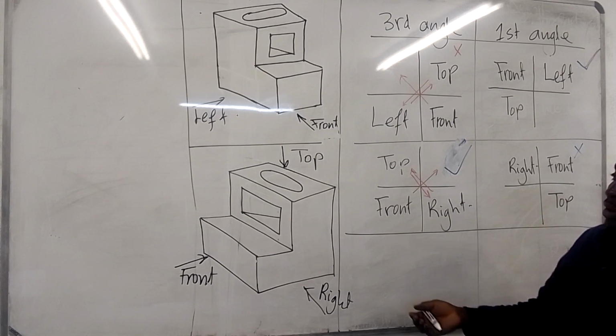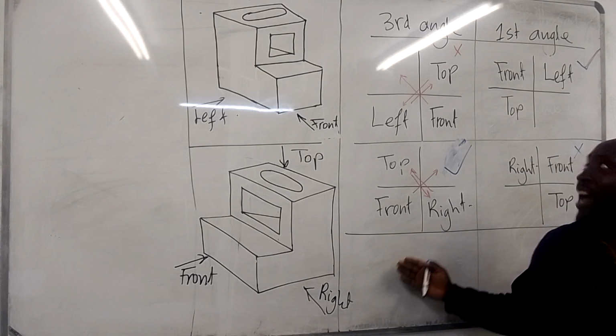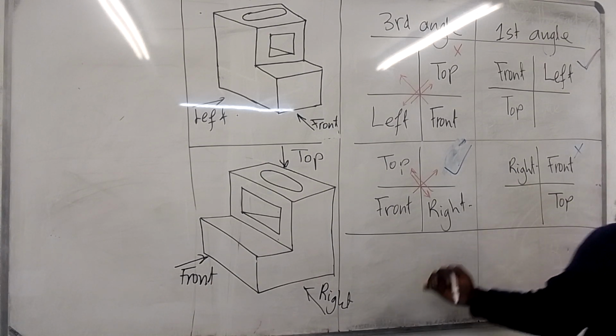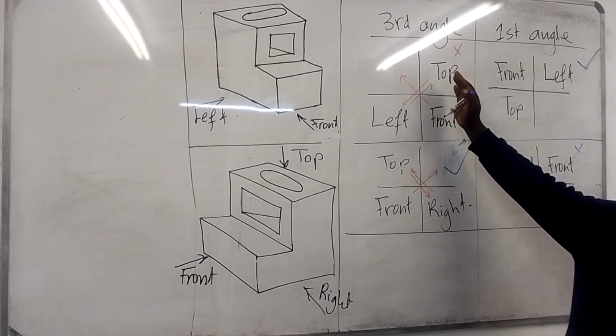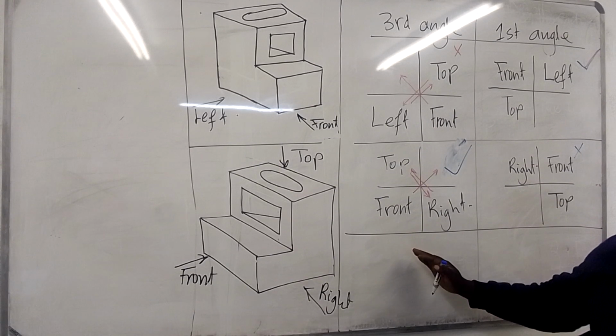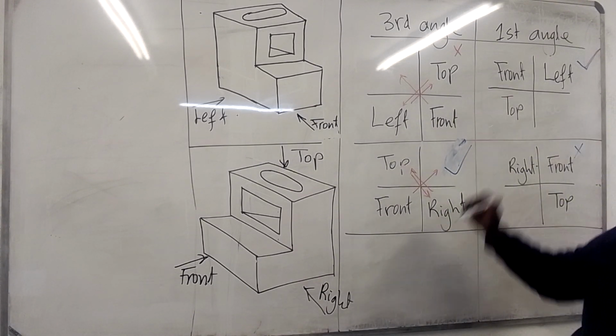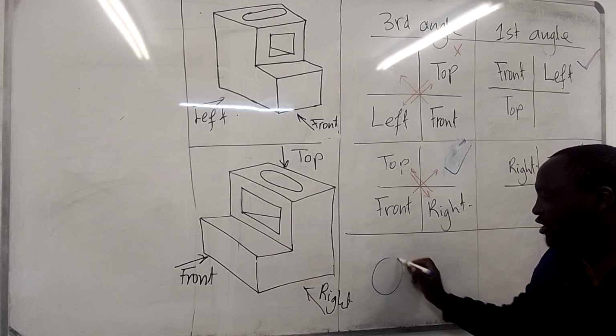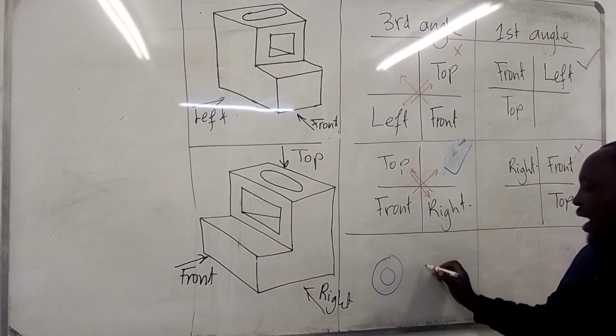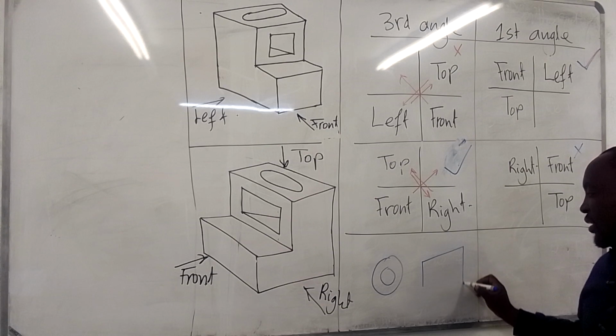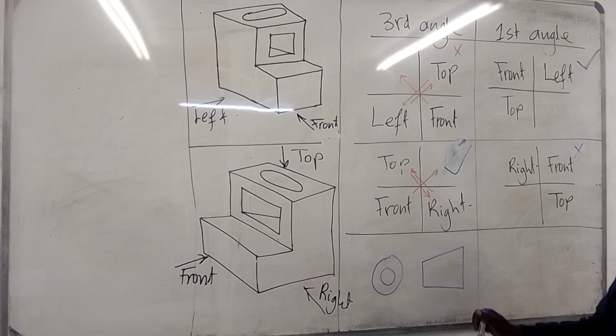Now, we have got a symbol that we use for a third angle projection. I'll explain where that symbol comes from, but for now, I'll draw the symbol. For third angle projection, we draw a circle there and a small circle and the cone, like this.